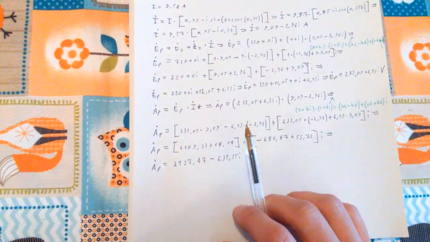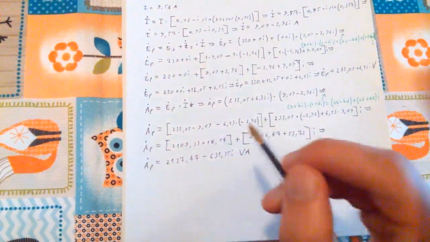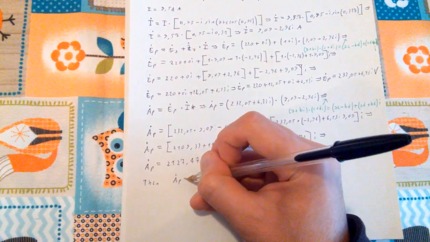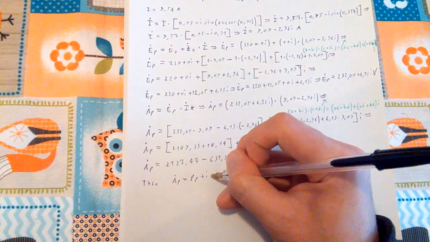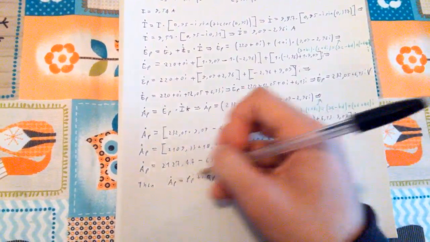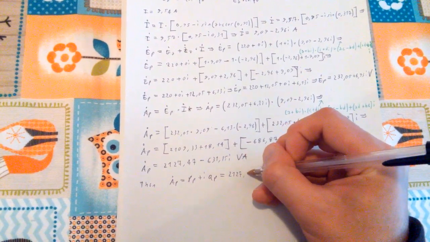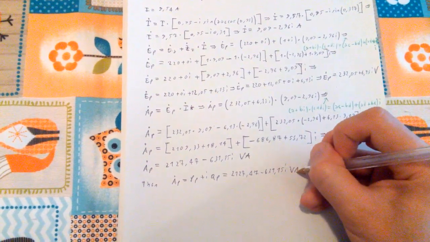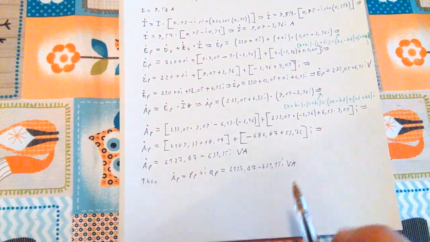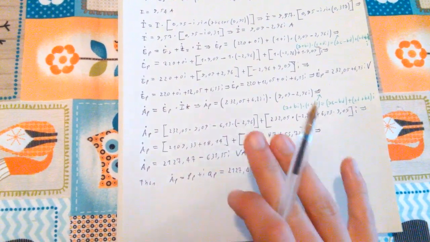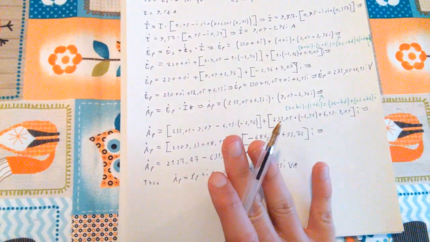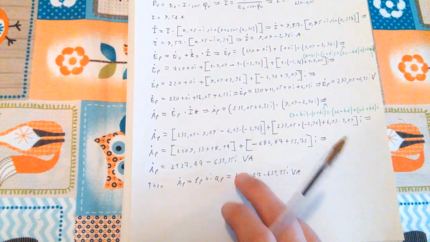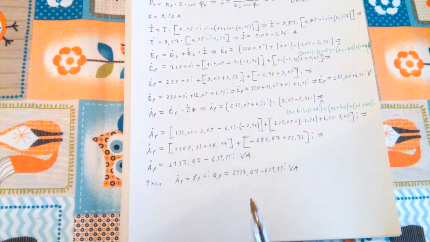It's not over because, since I found AP, I know that AP is equal to PP plus IQP, which is this value here, 2127.47 minus 631.15 I VA. But I still gotta find the active power dissipated on the line.